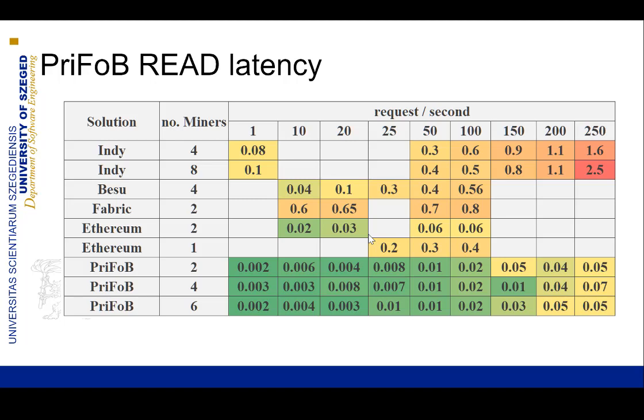So in this table, we can see a colored scale where green is very low latency and red is very high latency, and in between we have the yellow colored latencies. You can clearly see that PriFob outperformed all of the solutions that we compared with in terms of read latency. So our solution was super fast compared to these.